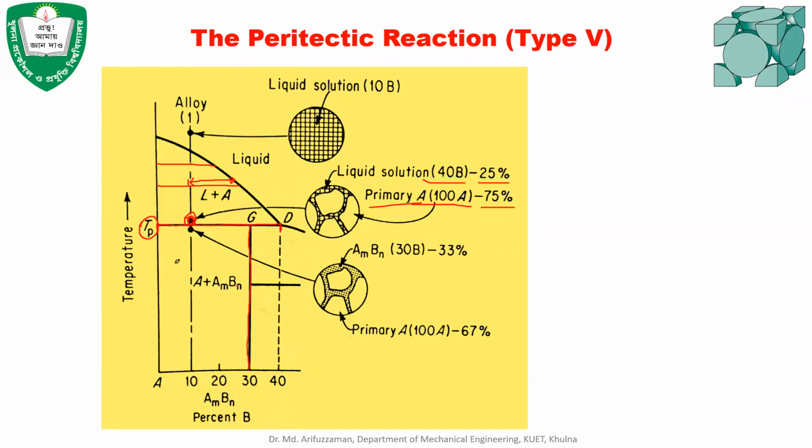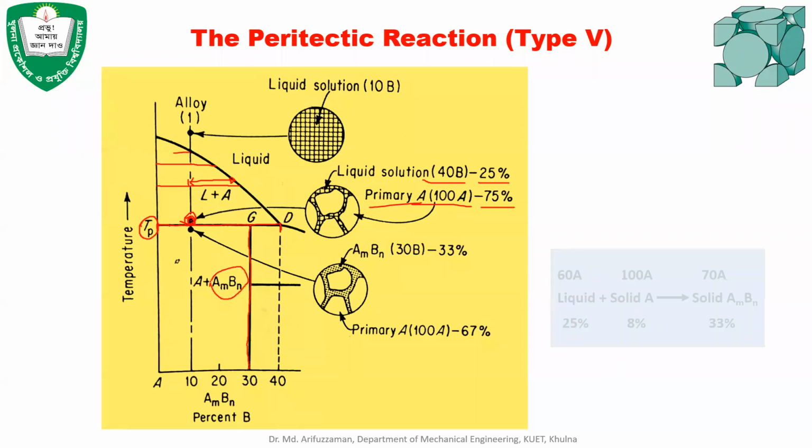That means this is an intermediate alloy phase, a compound. The solid A that has been produced from this point to this point, some of the A will react with liquid to form a different solid, which is AmBn.